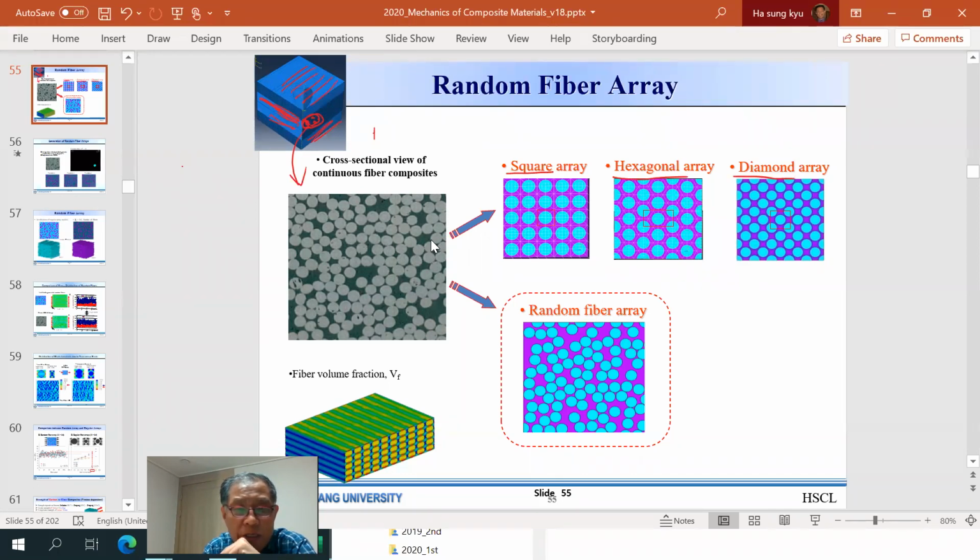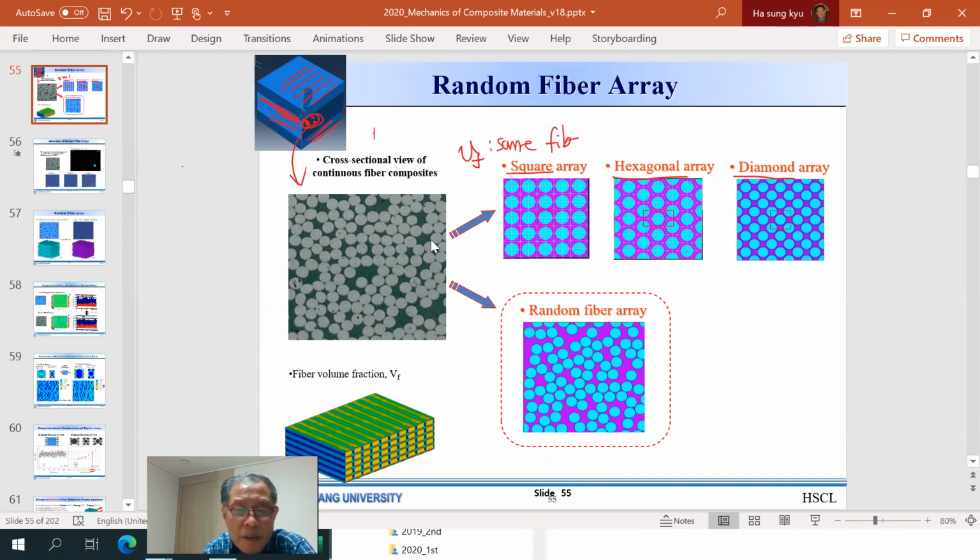The main reason we use this regular array is to introduce simpler models, because otherwise it is going to be too complicated. But when we have these kinds of models, we use the same fiber volume fraction.